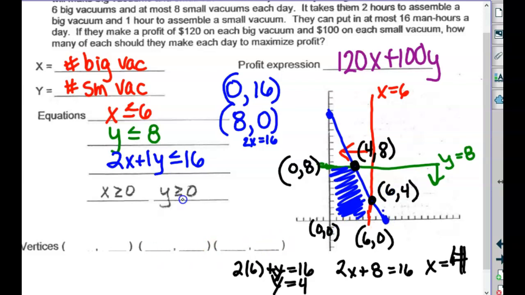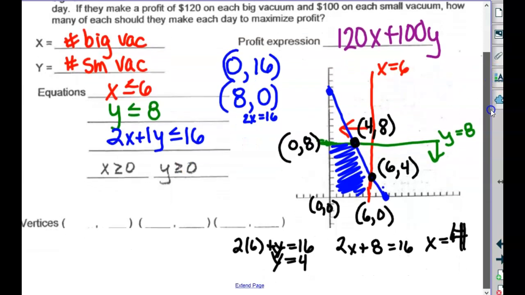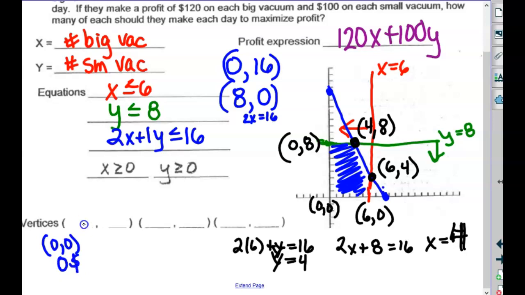All right, do you have enough blanks? Okay, yeah. So I don't think 0, 0 is going to be our maximum profit because we'd get $0, right? What about 0, 8? Into this purple equation up here would get us out what? $800?